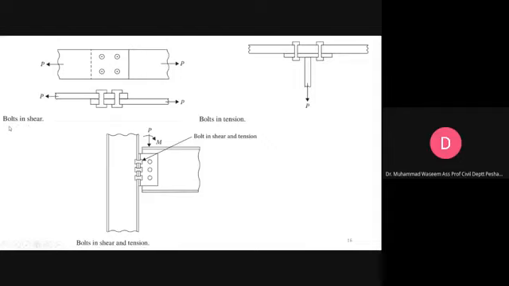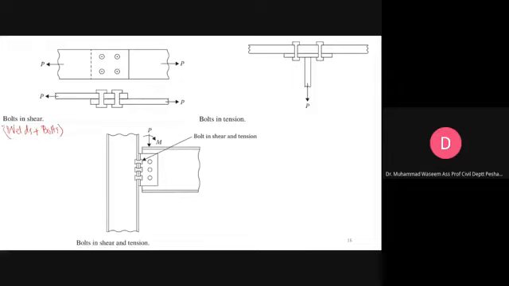I have added some sketches which refer only to bolts, but it does not mean only bolts. We can write it here, it can be welds as well, welds and bolts. They are applicable to both welds and bolts.